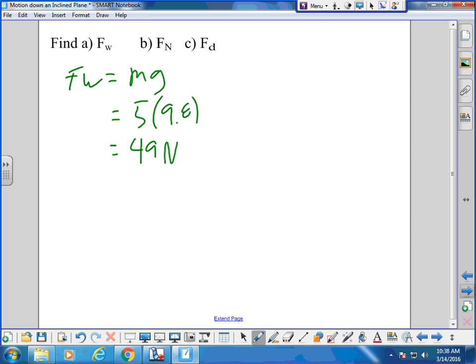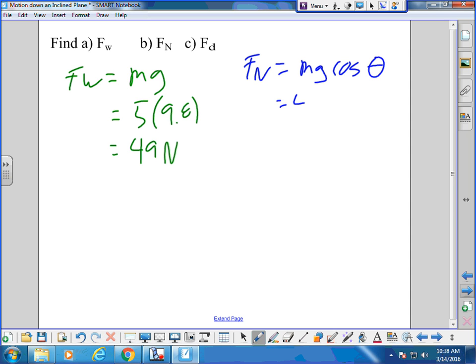Okay. So now that I've got my Fw, the next step is Fn, your brand new formula, mg cos theta, right? Did I already calculate the mg? Yeah, I did, right?